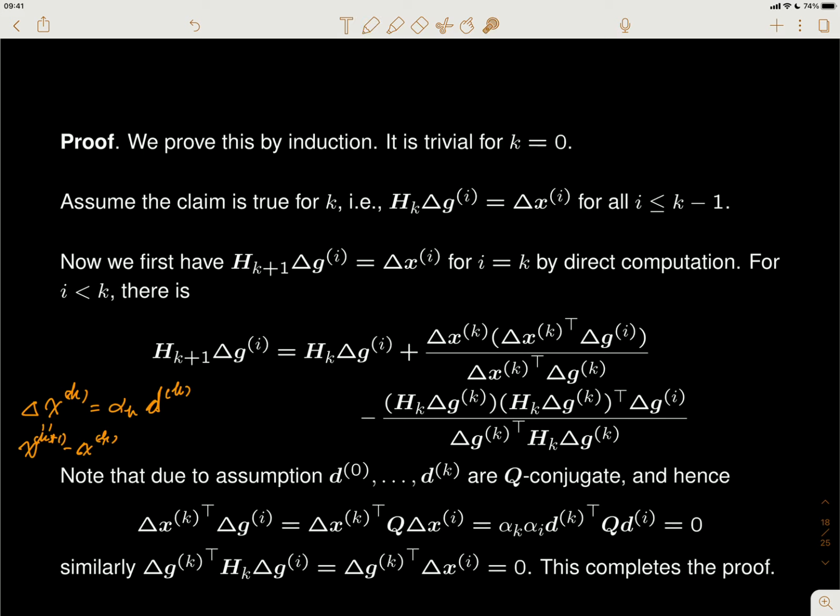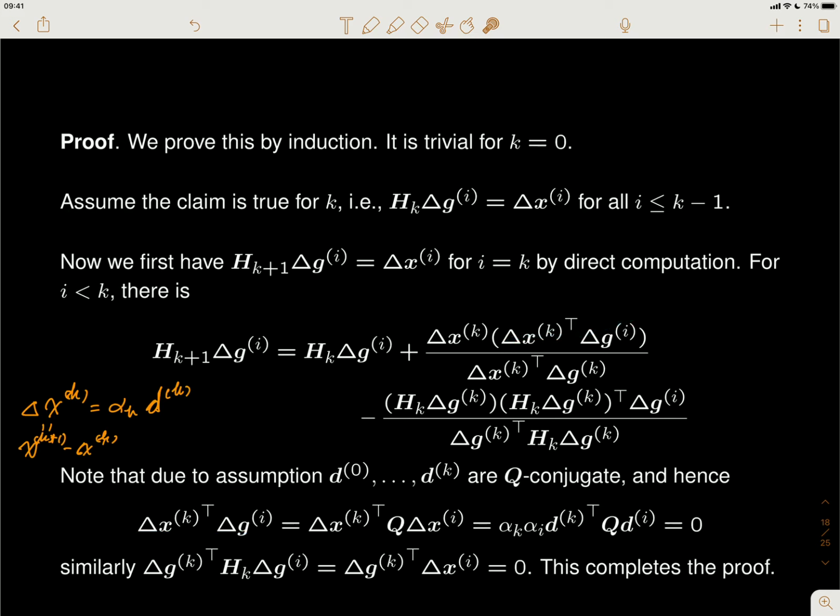So I'm going to replace this by alpha_k d_k, and this will be alpha_i d_i, and that's why I end up with this. But since these vectors are Q-conjugate, I know this is just equal to 0. So whenever we see this delta x_k delta g_i, for i less than k, we know this is 0. So that means this is just 0.